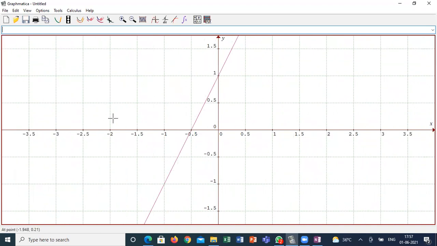I'm zooming out a little. See here, minus 1 by 2 comma 0 and 0 comma 1, and this reddish, little violet color line shows the first equation. This equation is 2x minus y plus 1.